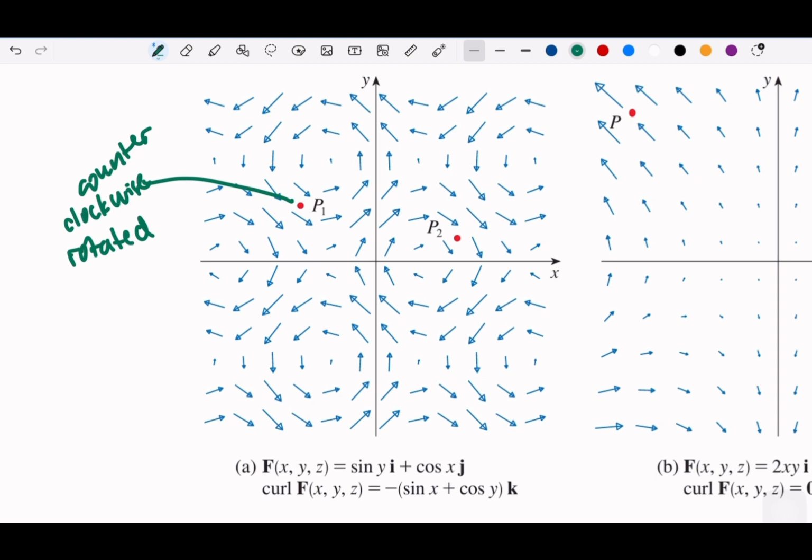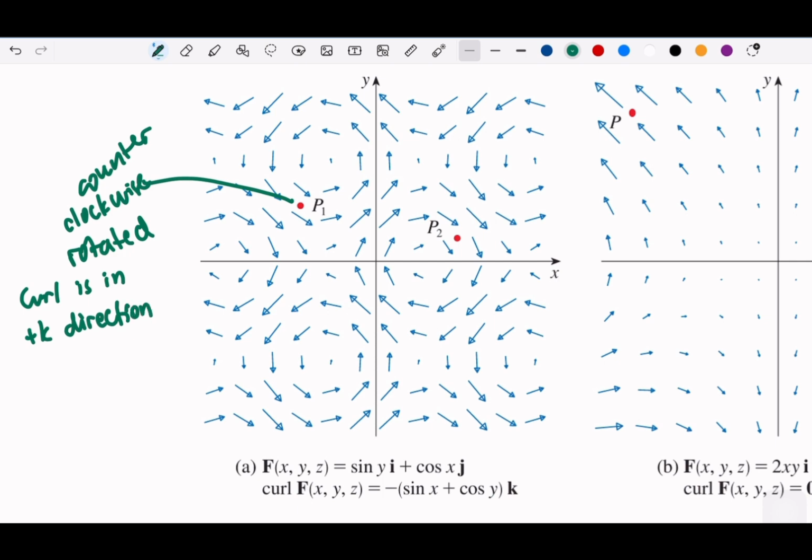Or in vector form, it will be positive k. So the curl is in a positive k direction.